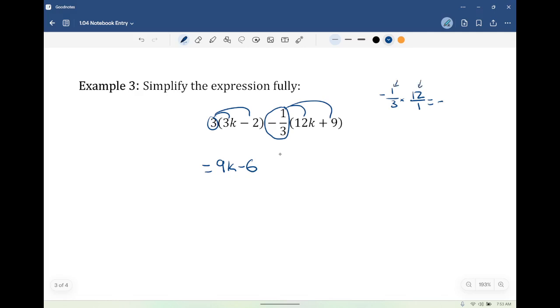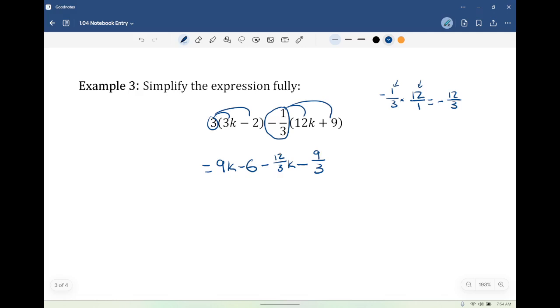And so I should end up with negative 12 over 3. That's going to be the pattern that I actually end up following. When I distribute in a fraction, I'm really multiplying whatever's there by the numerator of that fraction. And so I'm going to have minus 12 over 3k minus 9 over 3. Again, just multiplying the terms that are there by the numerator.